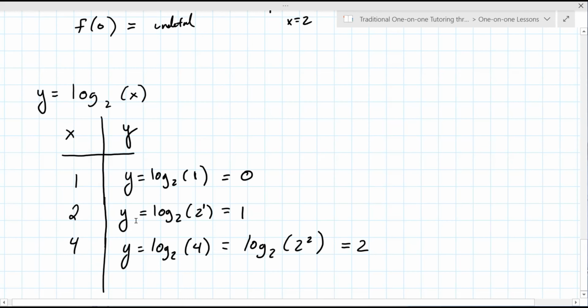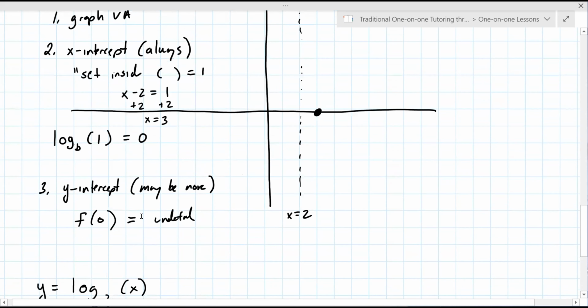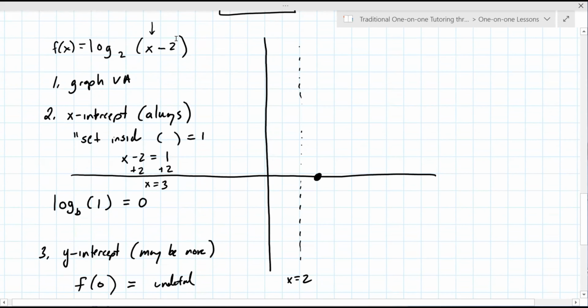So now when we go back to your problem, remember how we set x minus 2 equal to 1 for that first point? For the second point, you're going to set the inside of the parentheses equal to the base.